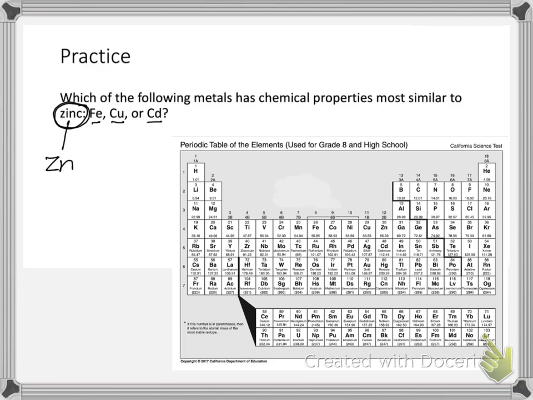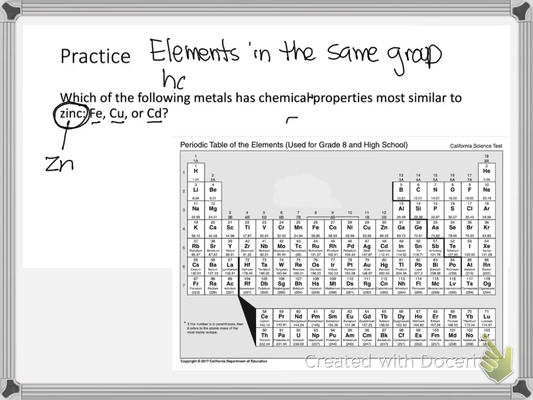Okay, so what we know is that elements in the same group have similar chemical properties.